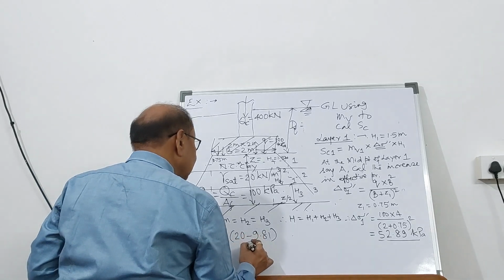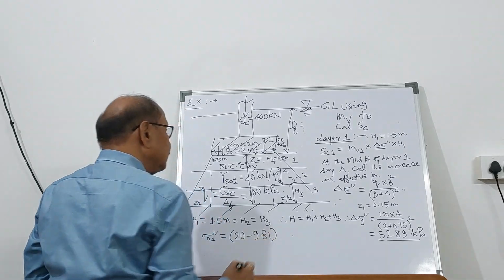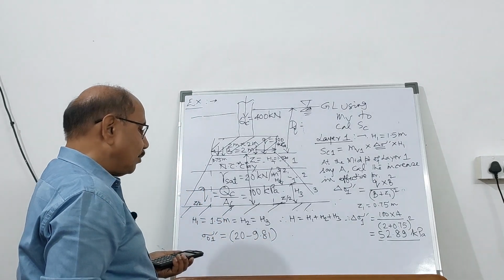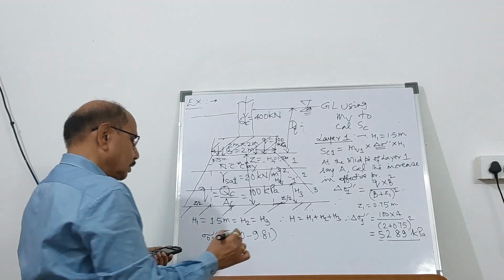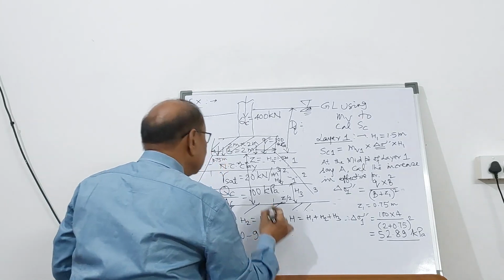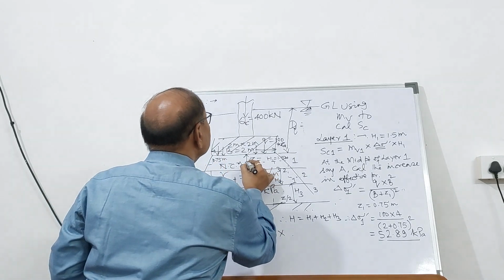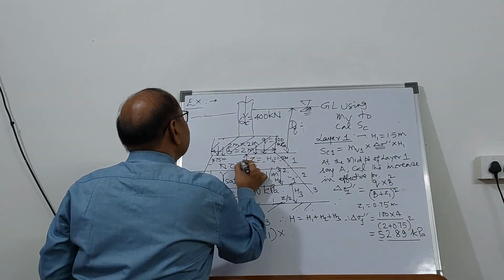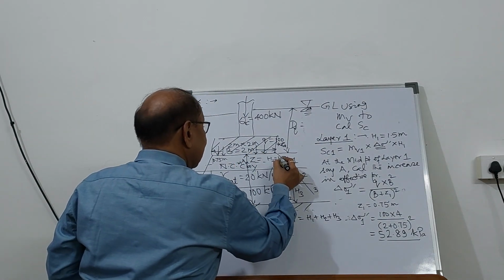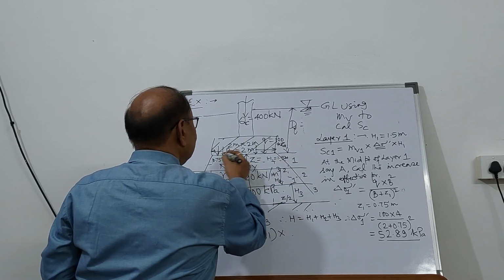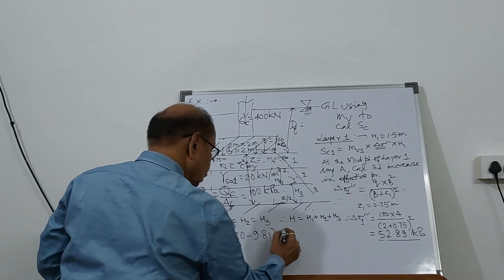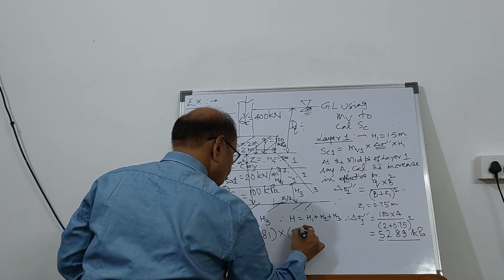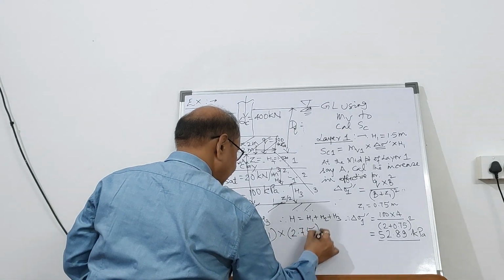This is the submerged unit weight, multiplied by the point A. This A is at a distance of 0.75 plus 2, so it is 2.75.